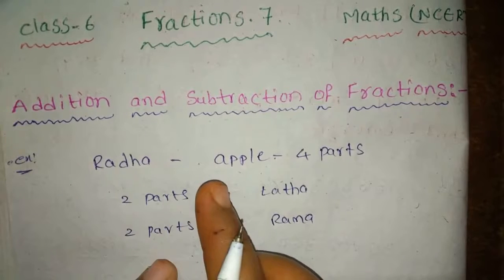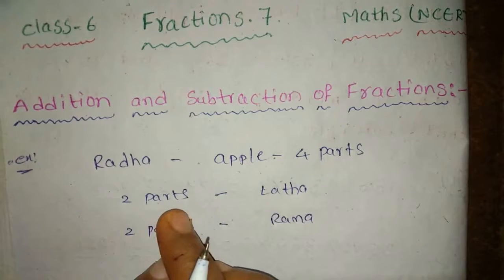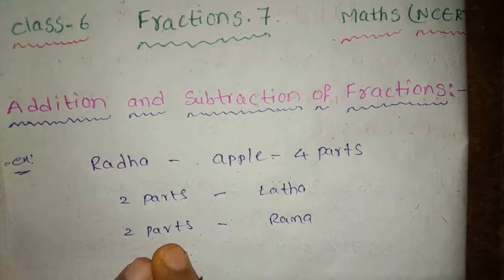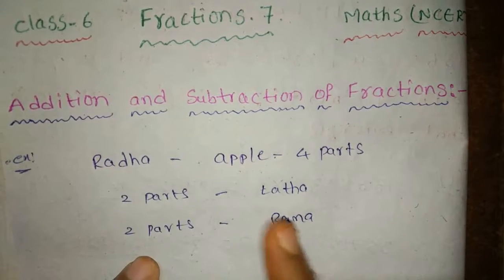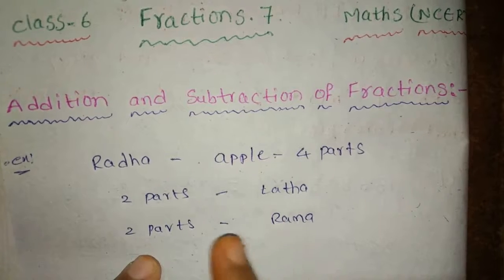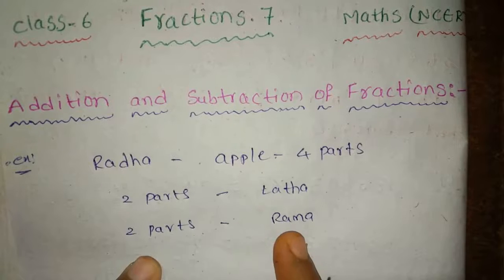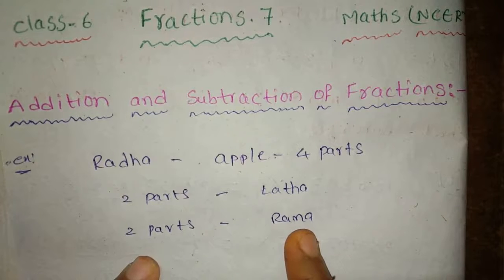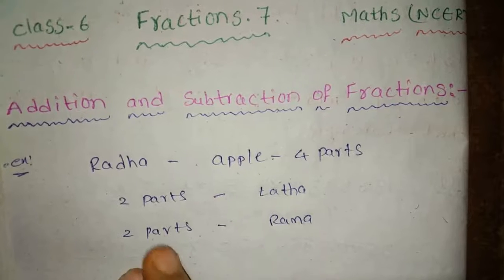Radha has an apple. She divided it into 4 equal parts. 2 equal parts given to her friend Lata, and another 2 parts given to her another friend Rama. Then how to add the fractions of the apple got by Lata and Rama individually? What is the total part of apple given to the 2 friends?